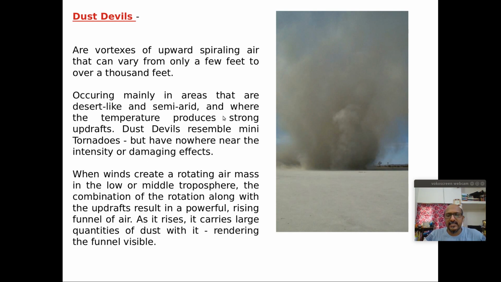Another is the dust devil, which is very common in the desert region, where there is no water vapor to condense. Instead, the dust itself will be carried upward in a very unstable atmosphere. That results in the dust devil.